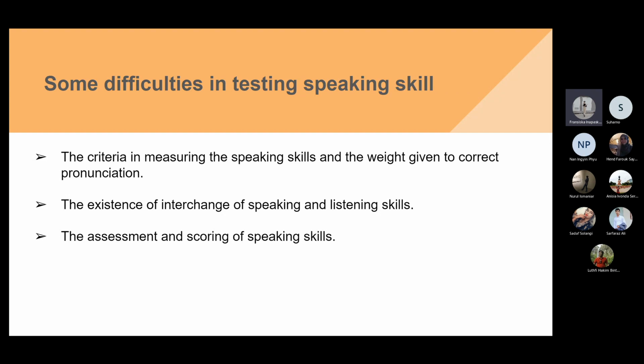So in this point, there is a combination of skills that don't correlate with each other, so they are also unsuitable for objective testing. It was stated that there is still no good answer to the criteria for testing these skills, and also for weighting these factors, such as how to pronounce correctly.